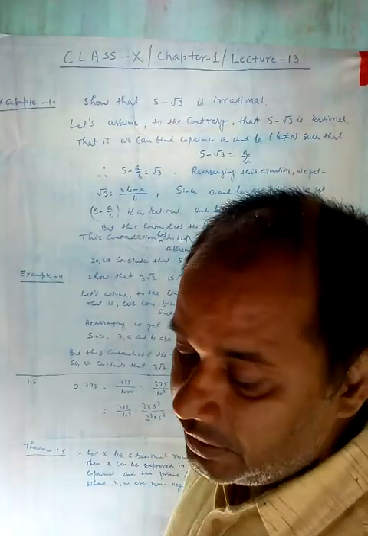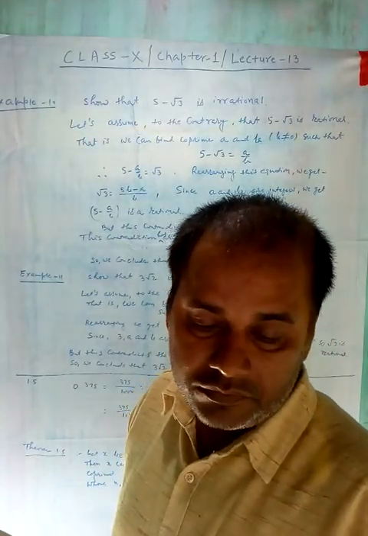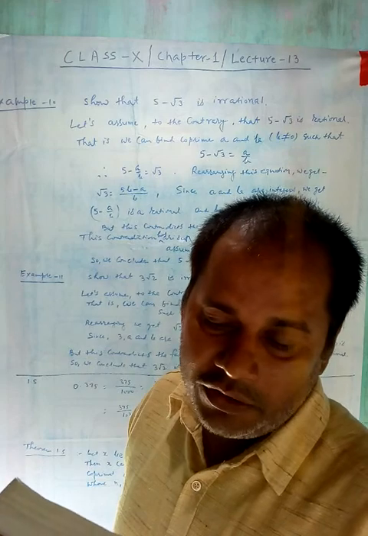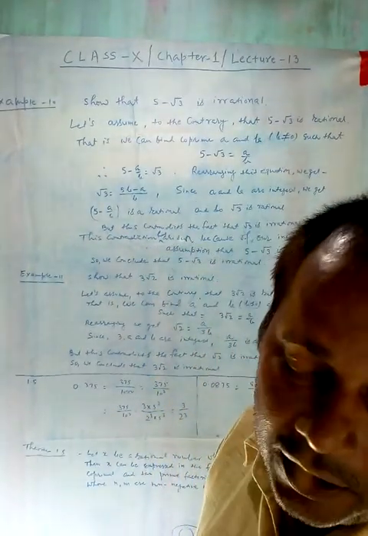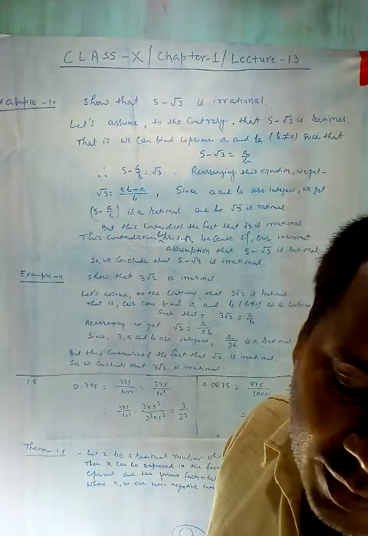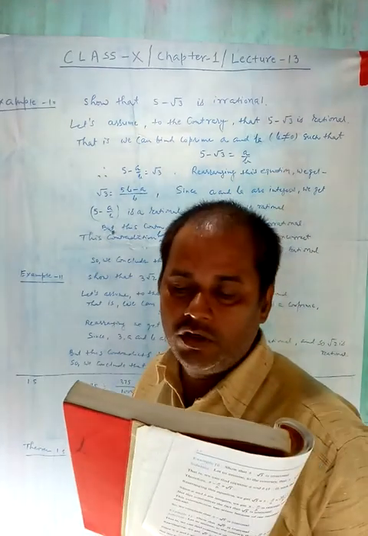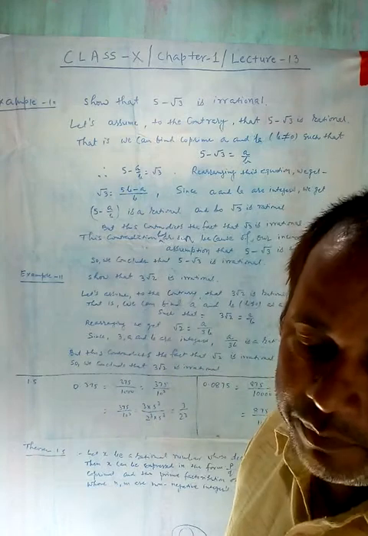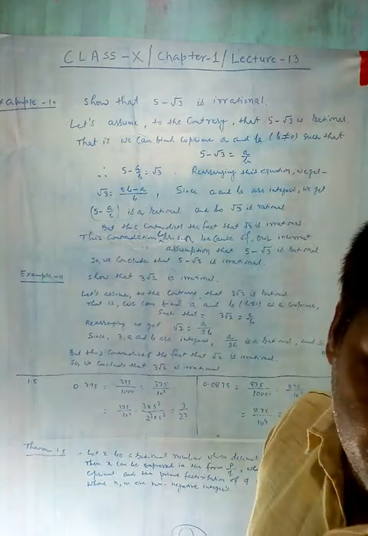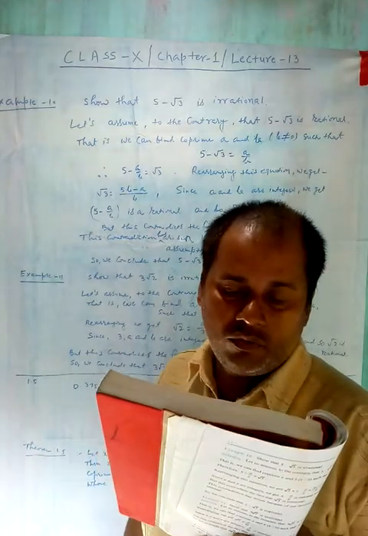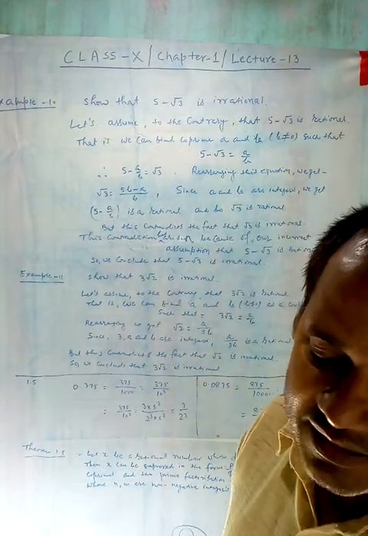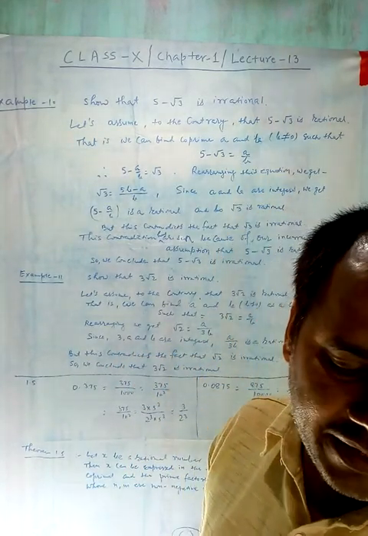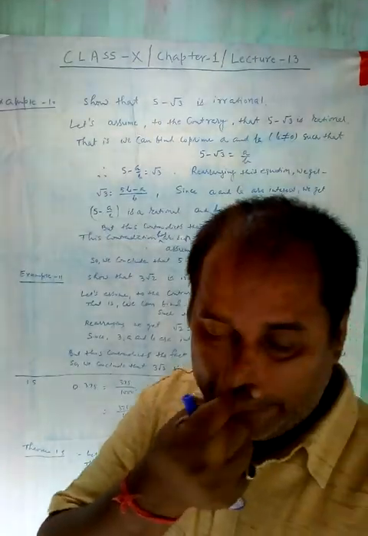Two more examples here in your book. 0.104 is equal to 104 by 10 to the power 3. 23.3408 is equal to 233408 by 10 to the power 4. As one would expect, they can all be expressed as rational numbers whose denominators are powers of 10.